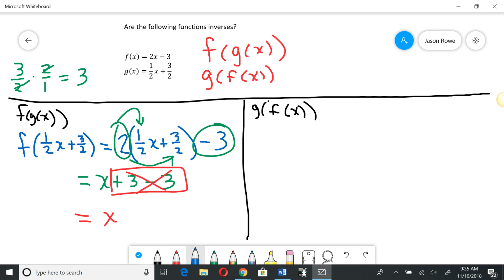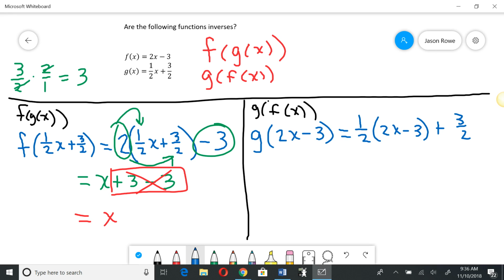So let's go on to this one. Now, in the g function, I'm going to replace x with 2x minus 3. So 1/2, and here's my substitution: 2x minus 3 plus 3/2.